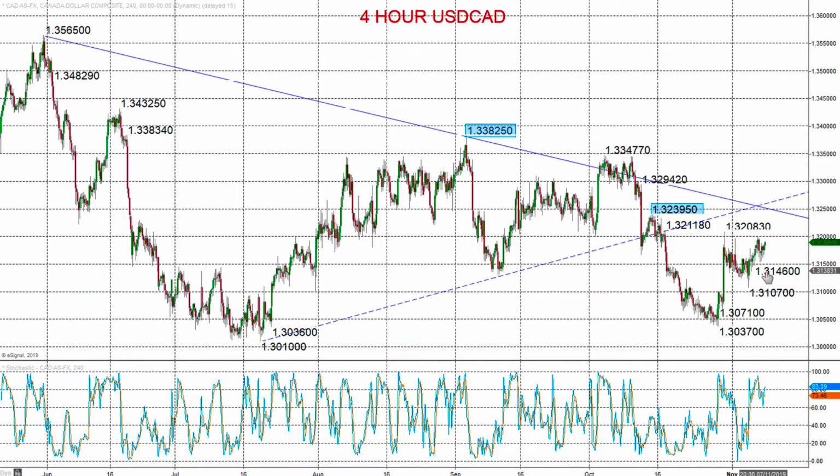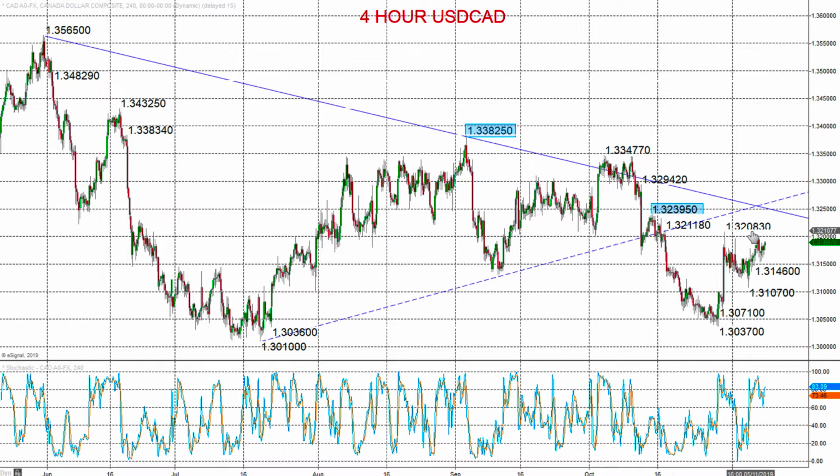Also US dollar strength versus the Canadian dollar. Critically, we had the US employment report last week, and the Canadian employment report comes this week. We did get that surge last week on the back of the Bank of Canada interest rate decision, a more dovish tone from the Canadian central bank, sending the Canadian dollar lower, the US dollar higher, and then again US dollar strength coming through.